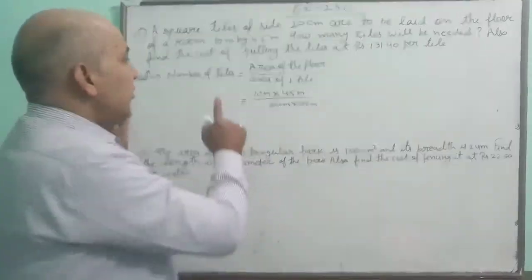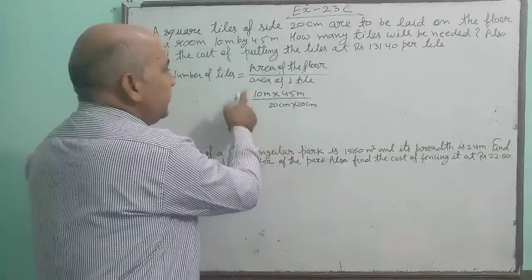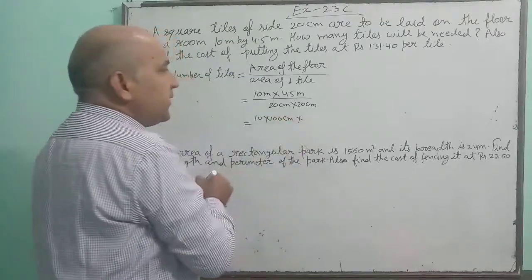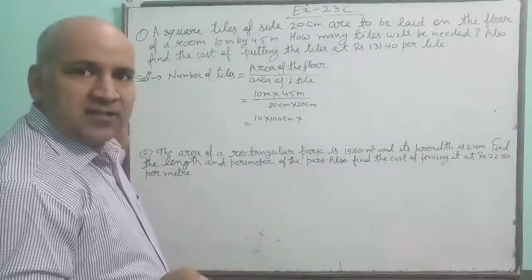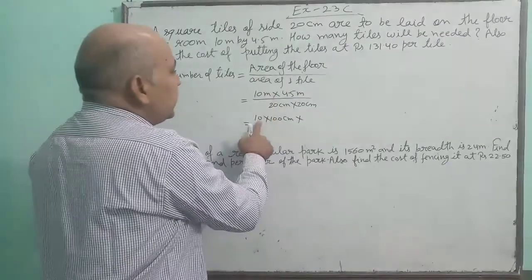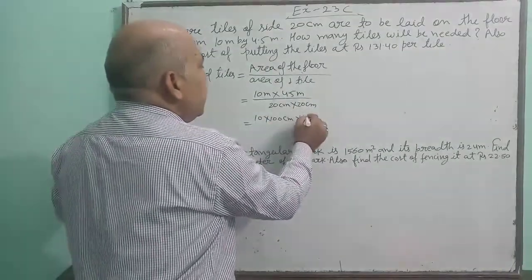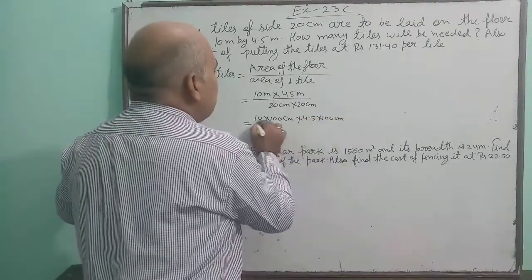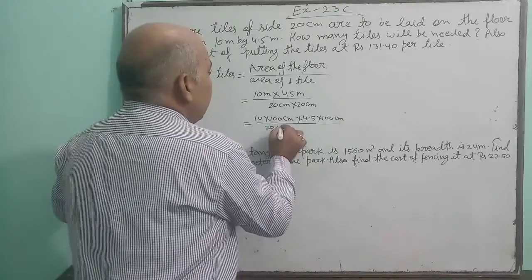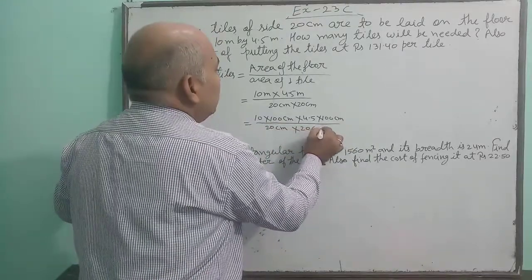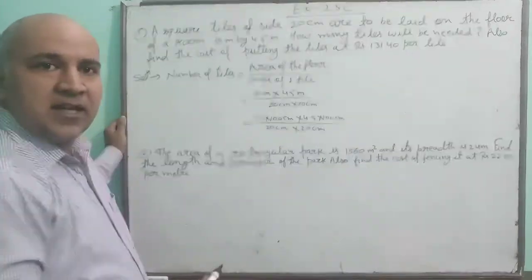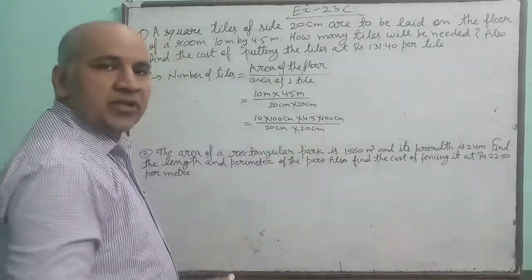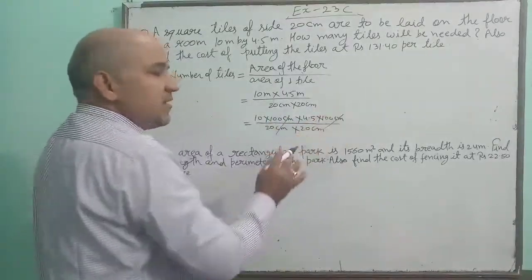First make the units the same. 10 meters is equal to 10 into 100 centimeters, because 1 meter is equal to 100 centimeters. Similarly, 4.5 meters is equal to 4.5 into 100 centimeters. Understood? Now you can see that the units are the same. In the numerator also centimeter, in the denominator also centimeter, so both centimeters will cancel each other.